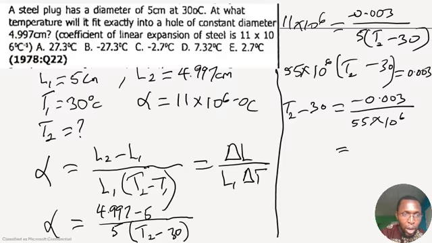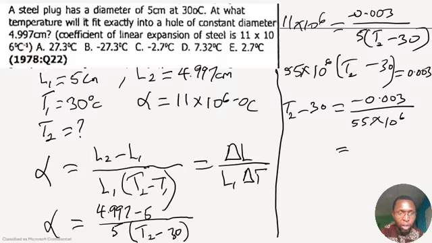Okay, so wait, let's do this. It's supposed to be 55 million. Let's do it again, that's a mistake. So we have 0.003 divided by 55 million.